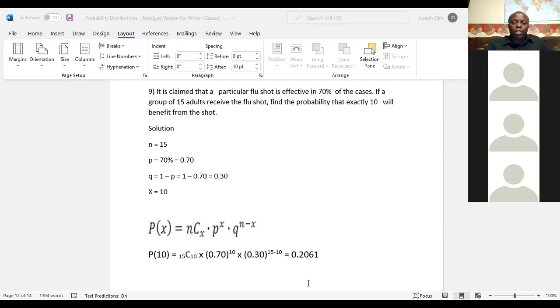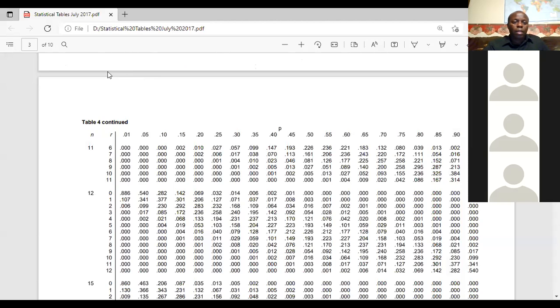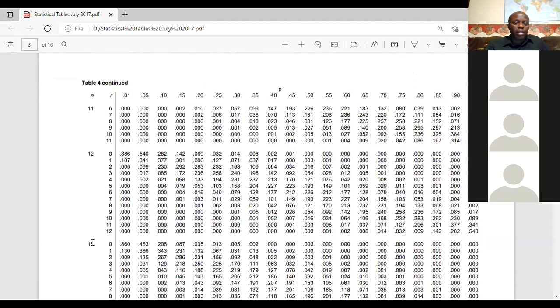So you see 70% is 0.7, and you can see an N for 15. From this 0.7, you go under 15.